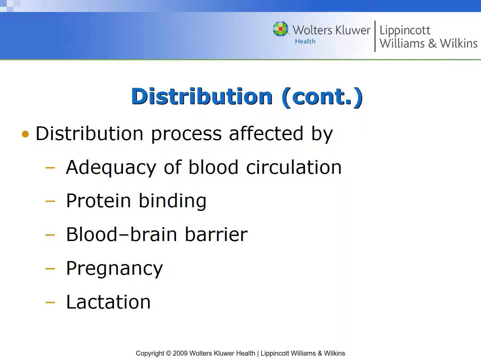So if we don't have enough protein in our body, then that drug that's supposed to bind to the protein is out there building up in the bloodstream and can cause a toxicity issue. Okay?